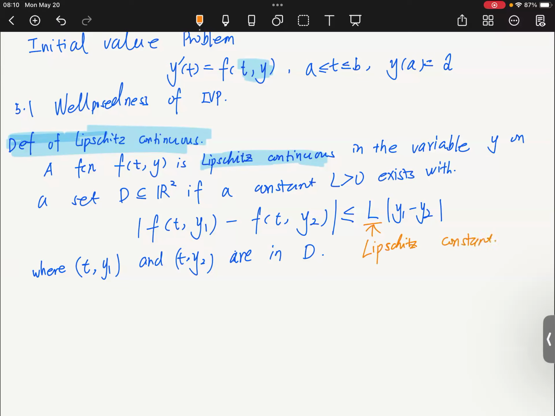This is the definition, and we define this because we are going to use it for something below about the existence and uniqueness of the solution. So this is the definition of Lipschitz continuous, and now there's a theorem about the initial value problem.